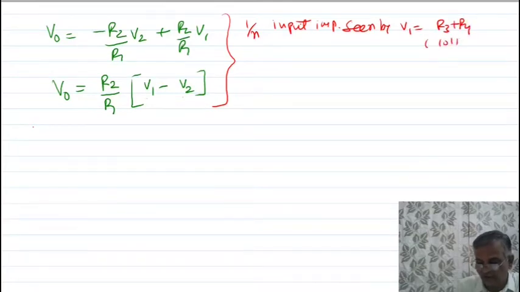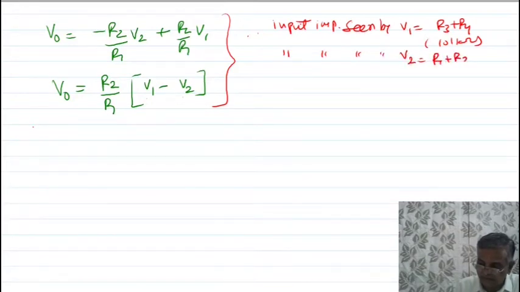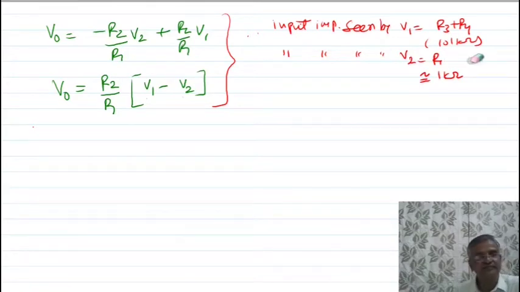Just to explain what we have taken, 100 plus 1, 101 kilo ohm, and input impedance seen by V2 is nothing but R1, not R2. It is only 1 kilo ohm.